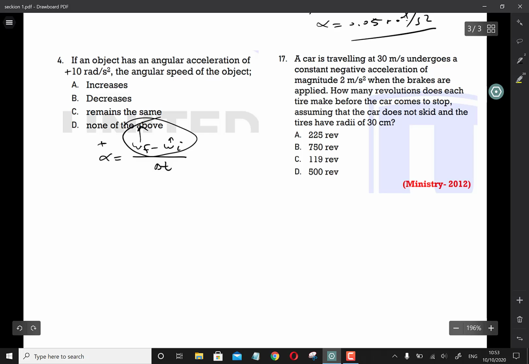If omega final is greater than omega initial, it means speeding up: if positive, angular speed increases. So the choice is A. But if the answer were negative, it decreases. If angular acceleration is 0, the angular speed remains the same.